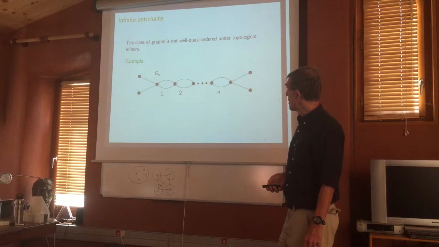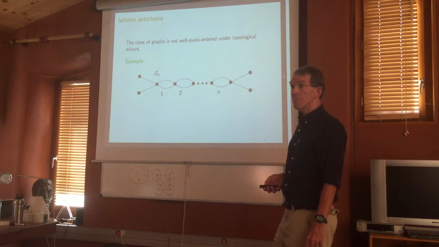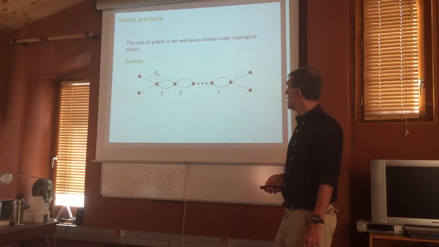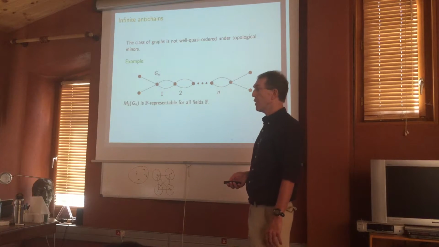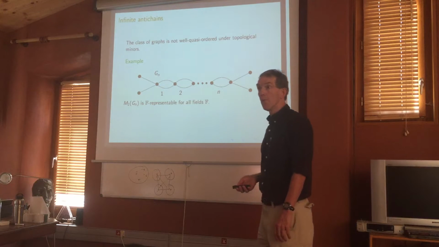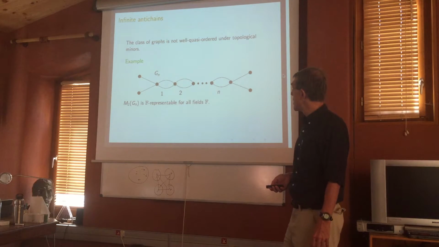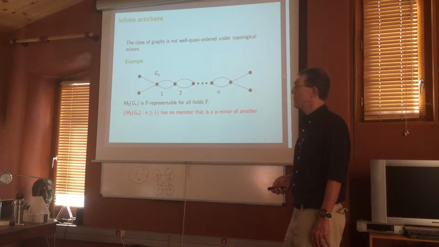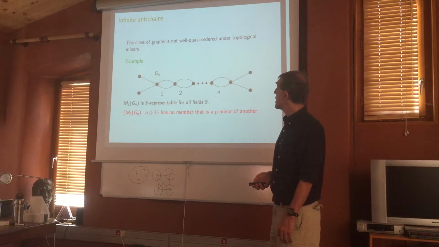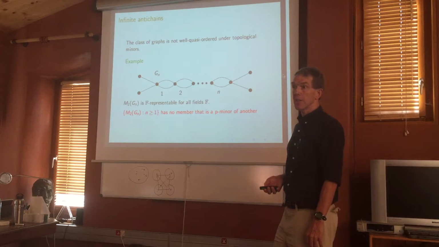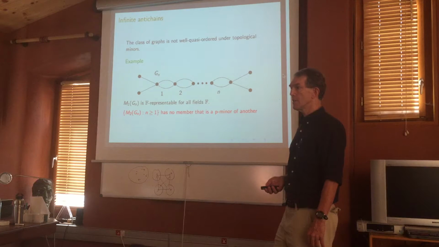Look at these guys. This is an infinite anti-chain under topological minors. If you do an easy calculation, you can show that these guys are F-representable for all fields. So you're not going to be able to get some analogue of the lack of infinite anti-chains result, even when you allow this P minor operation.